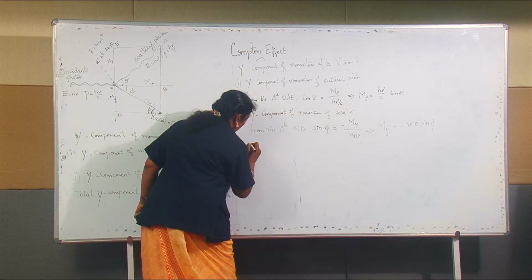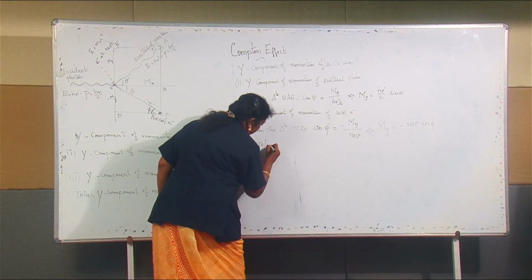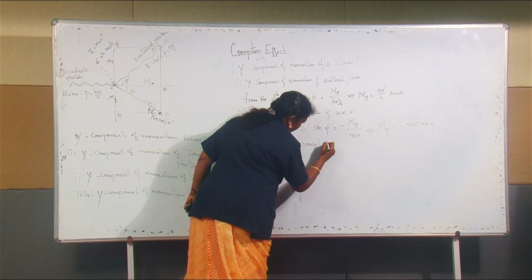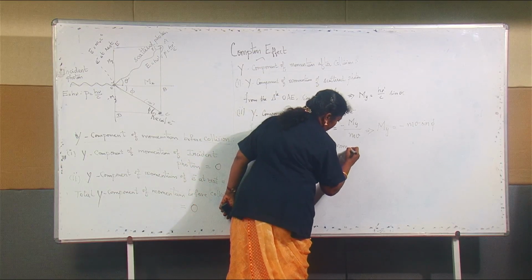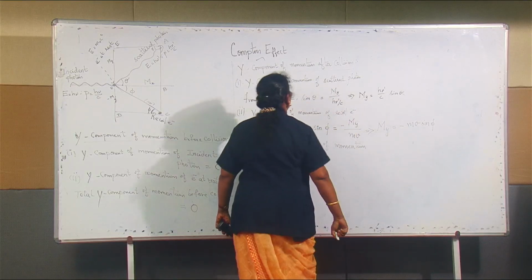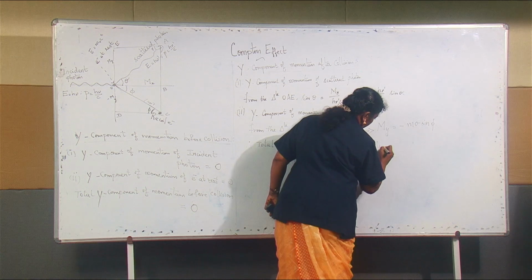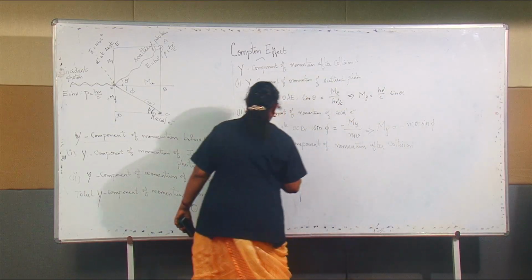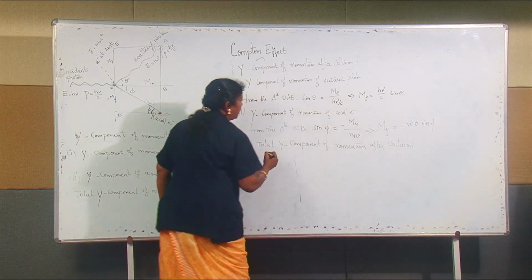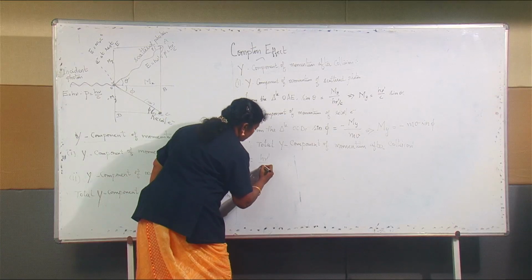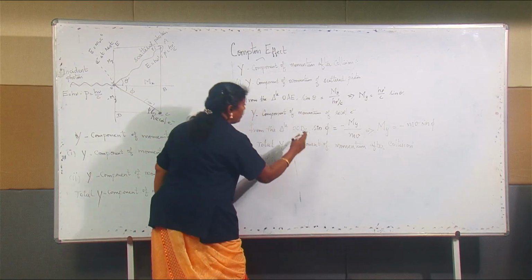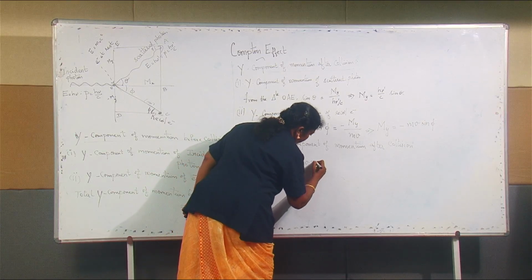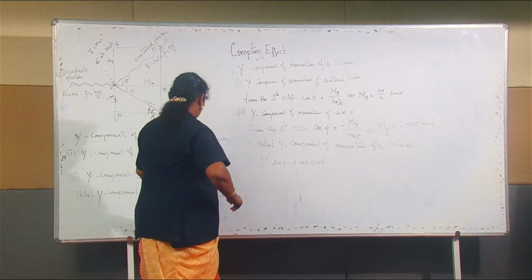So we can add both things. Therefore, the total y component of momentum after collision is equal to h nu dash by c sine theta minus mv sine phi.